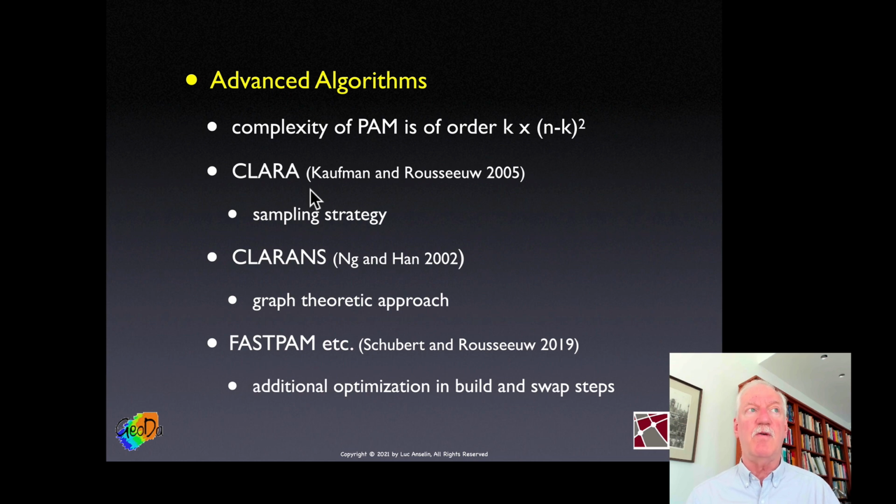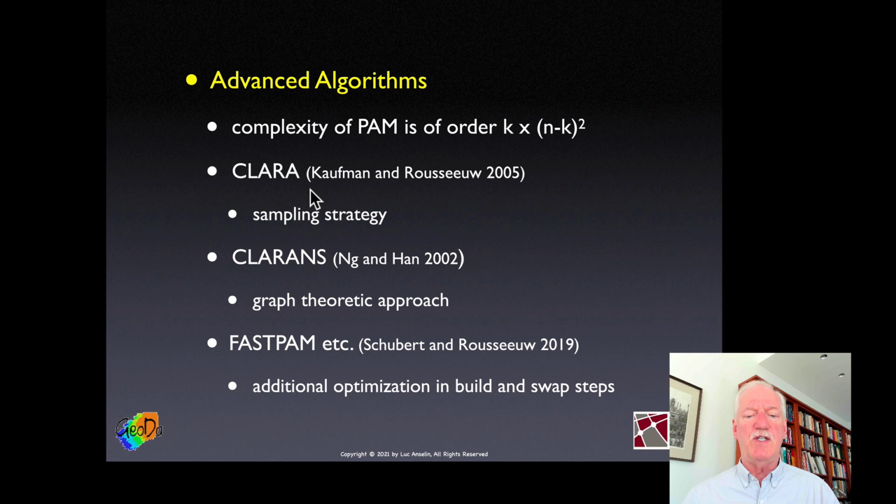Clarans is another method which is based on a combination of a graph theoretic logic and a sampling approach. So the potential neighbors are shown in a graph, and then rather than evaluating exhaustively all the possible swaps, there is a sampling going on of the potential swaps, and it's only done a given number of times so that it cuts down on the calculations.